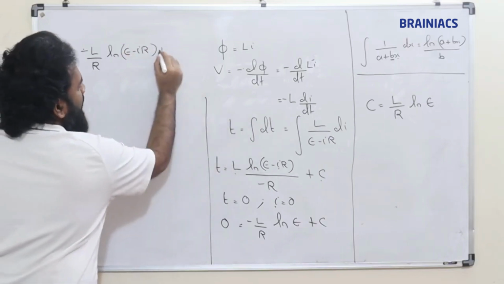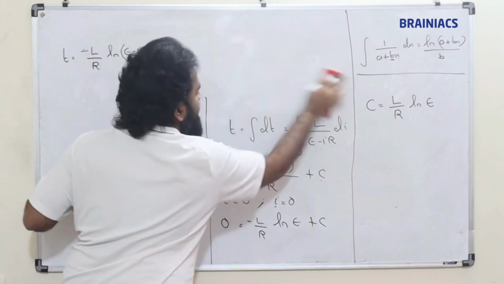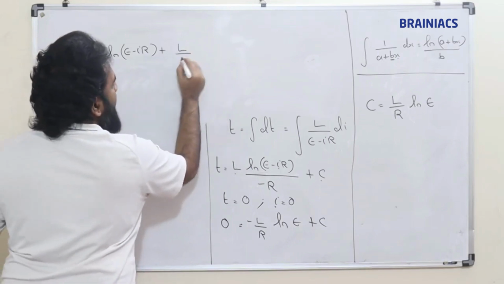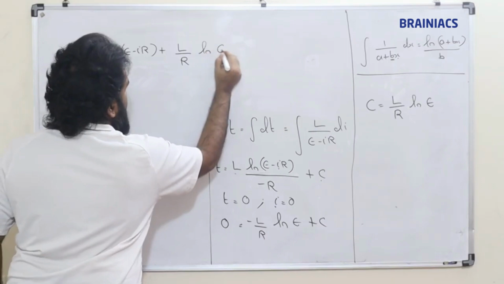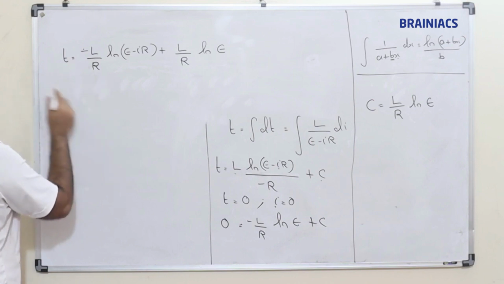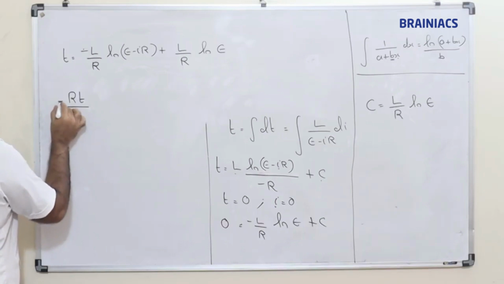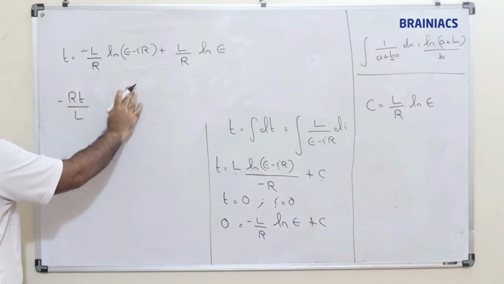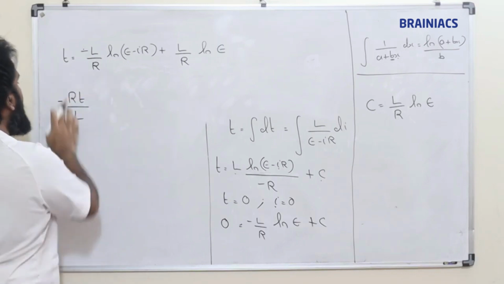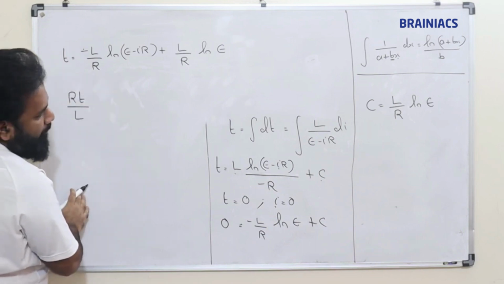Then we will substitute for C, which is L by R logarithm of E. Now we will take this R by L to this side, so this will become RT by L. We'll take this negative to this side. RT by L, we'll keep it there.